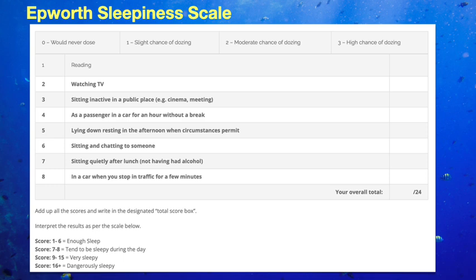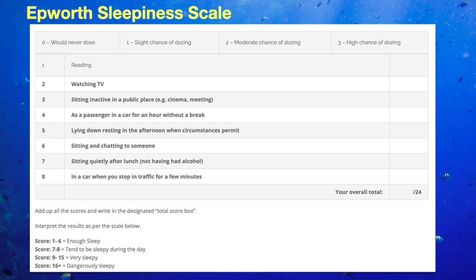So the Epworth sleepiness scale is scored from 0 to 3, where 0 would be never dozing, then slight chance of dozing, moderate chance of dozing, and high chance of dozing.